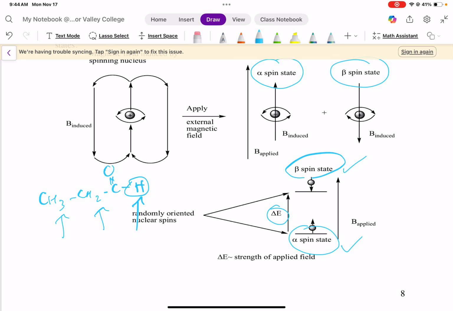They're all in different electron cloud environments. The first one is very close to oxygen, and the second one is closer than the three hydrogens in group C. So it turns out it's going to show up as a different signal for each of these.